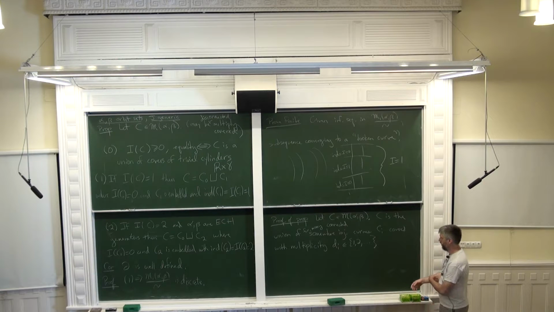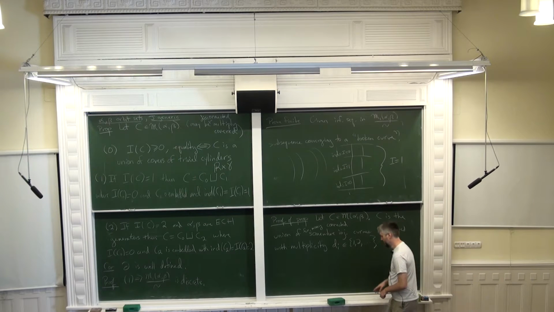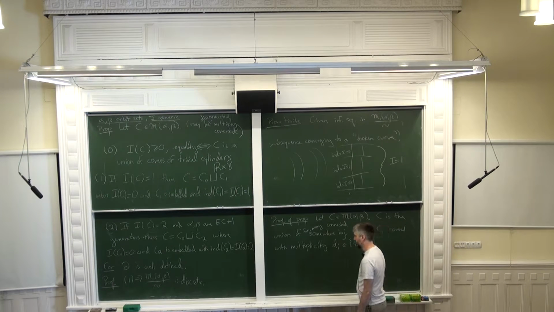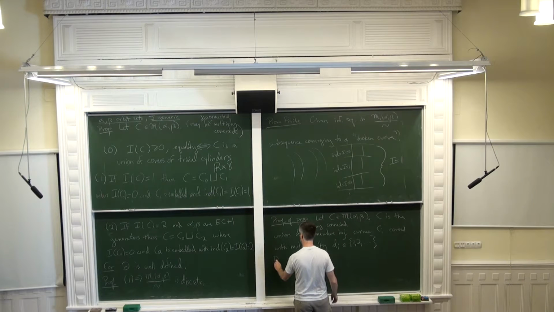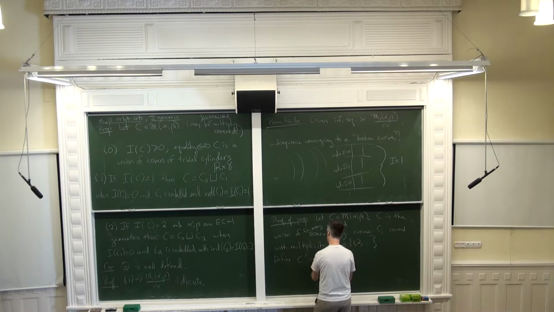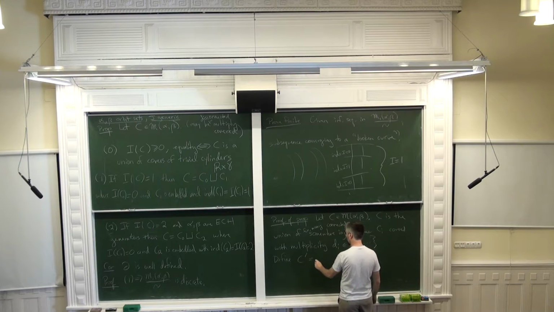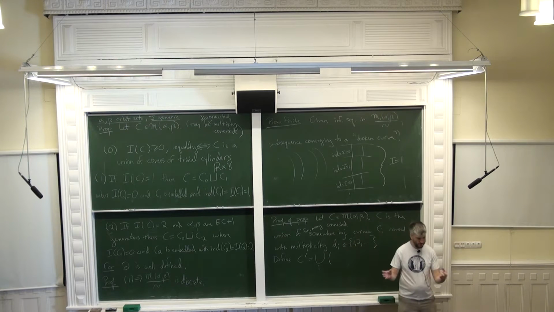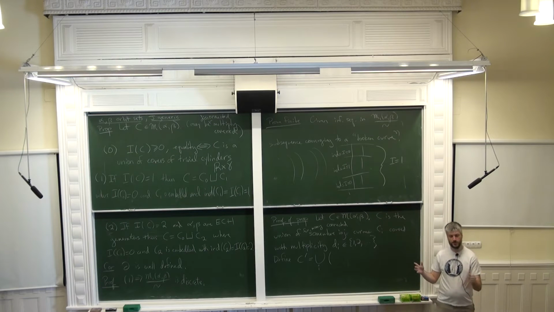So here's the trick. We're going to define a new curve, C prime. This is going to be the union over i of the following. Remember I said that if you have any holomorphic curve in R cross Y, you can translate it in the R direction to get a new holomorphic curve because J is R invariant.